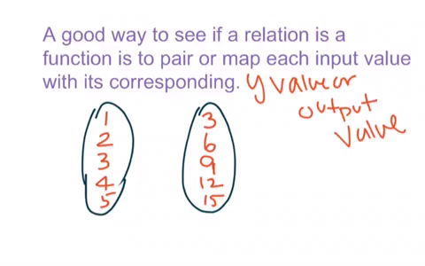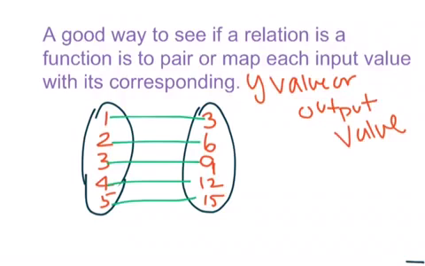So for instance, when I set these up, I didn't actually write out the ordered pairs, but it would be like 1, 3, 2, 6, 3, 9, 4, 12, and 5, 15. So you set them up like that. The only way that we can say if these ordered pairs are a function is if there's only one y value for each x value. So it's going to look like this. 1 goes with 3, 2 goes with 6, 3 goes with 9, 4 goes with 12, 5 goes with 15. So this is a function.